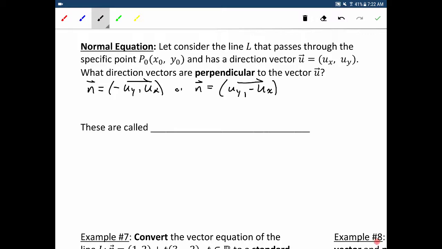Those two vectors are both going to be perpendicular. These are called the normal. It's kind of a weird name for it, but when you have these vectors that are perpendicular to the direction, then that's going to be called a normal vector.